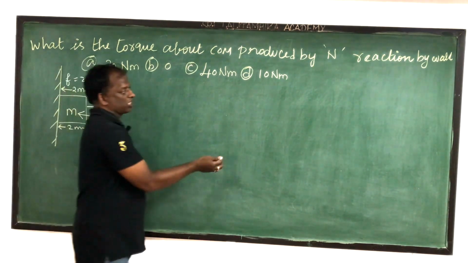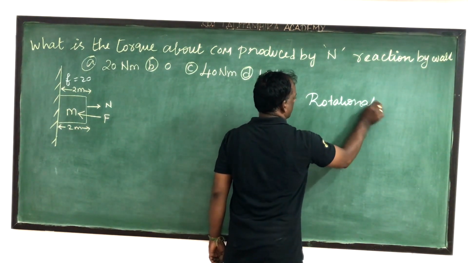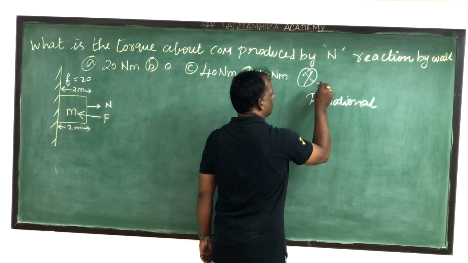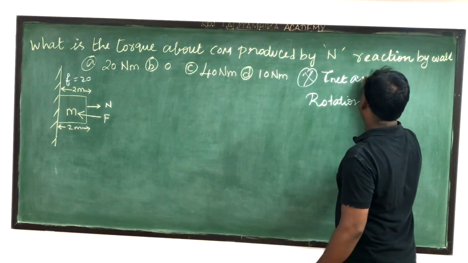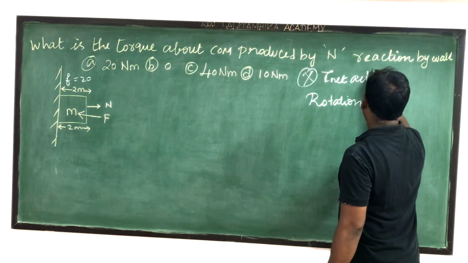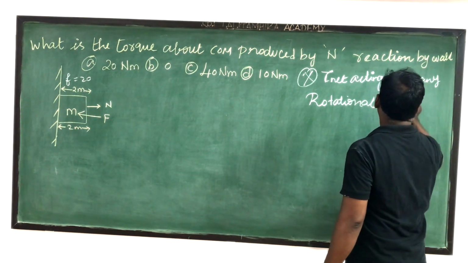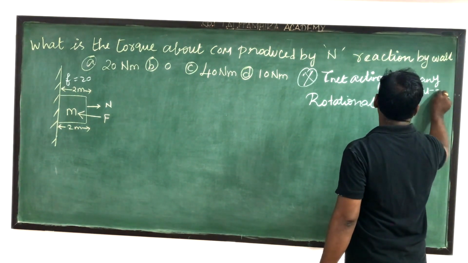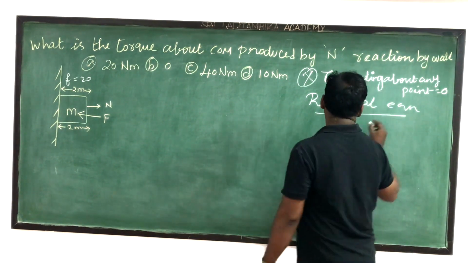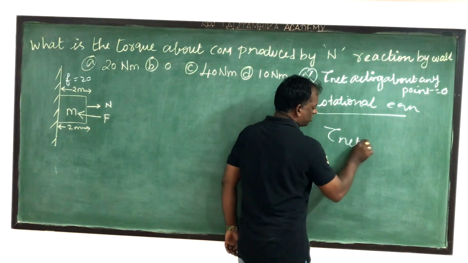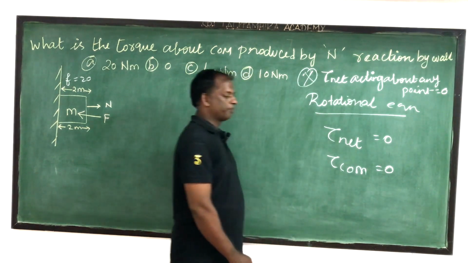So in terms of rotation, we said one important point, the net torque acting about any point is equal to 0. So in rotational equations, in rotation, net torque is equal to 0, or the torque at the center of mass is equal to 0.